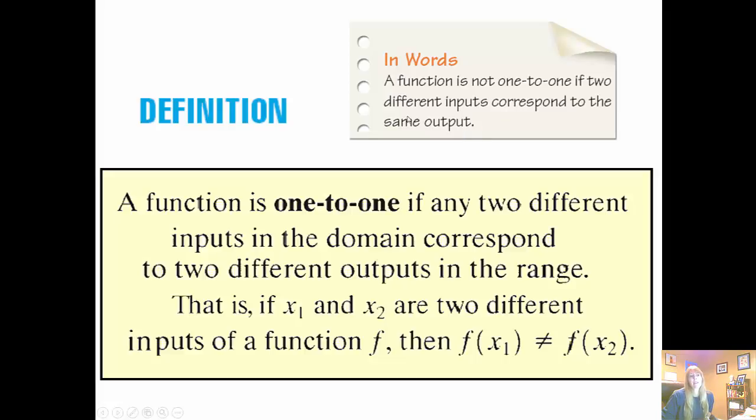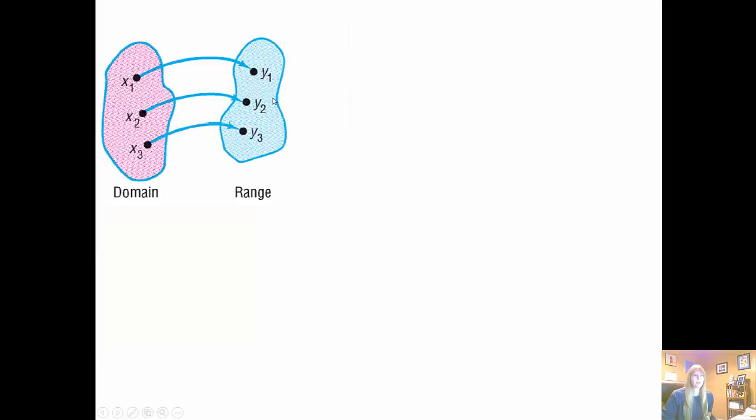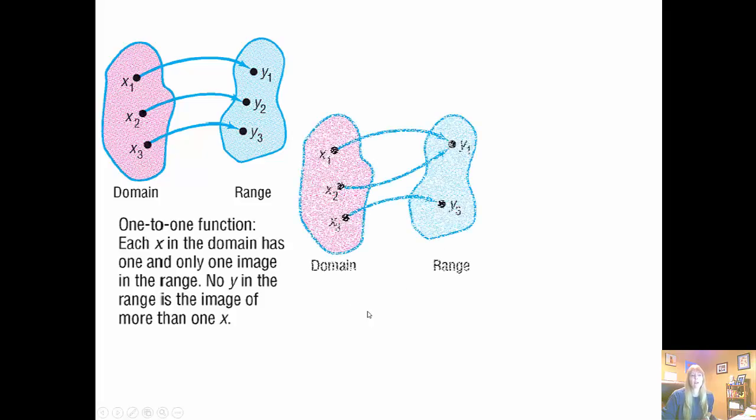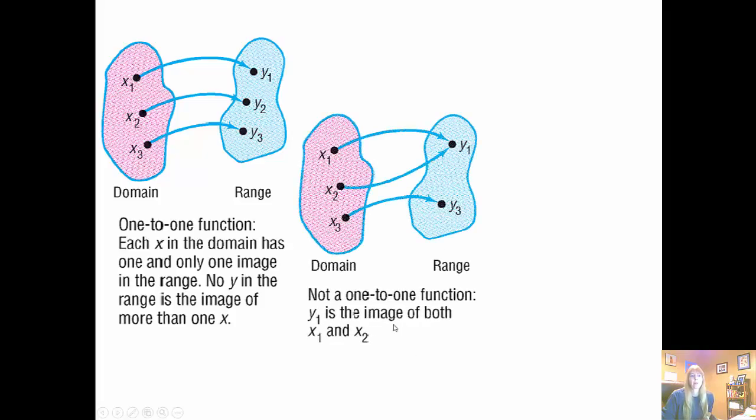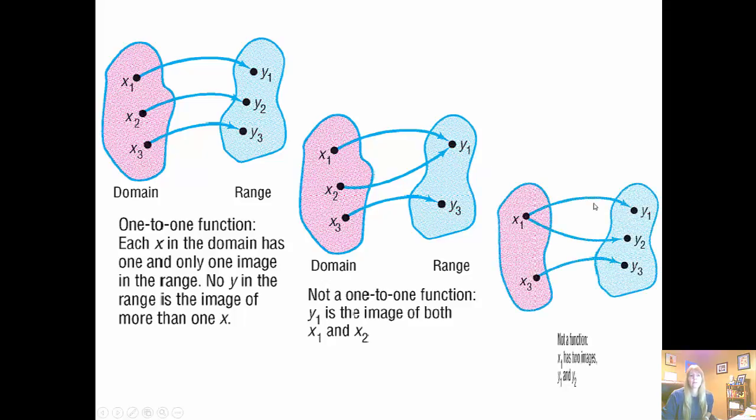Let's say two students in class have the same social security number. Well, that can't happen, right? So that wouldn't be a one-to-one function. For every x, you only get one particular y. This one's not one-to-one because two different x's go to the same y. This is actually not even a function because one x is going into two different y's.